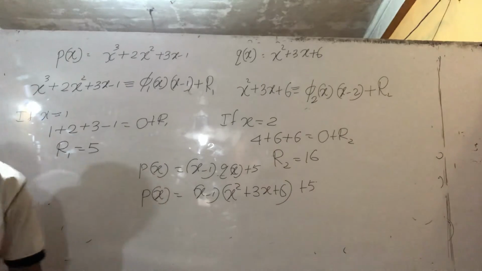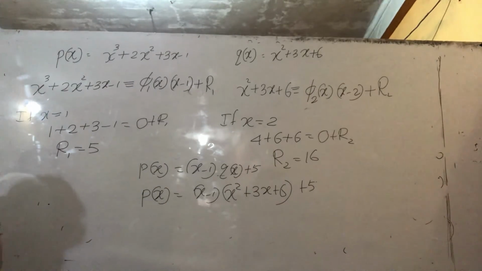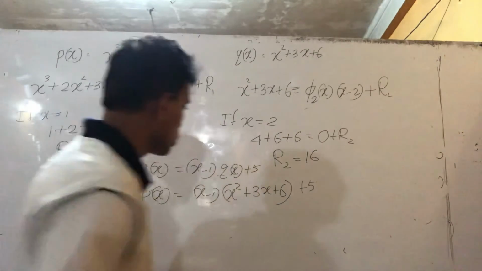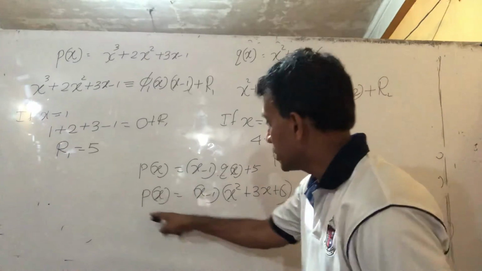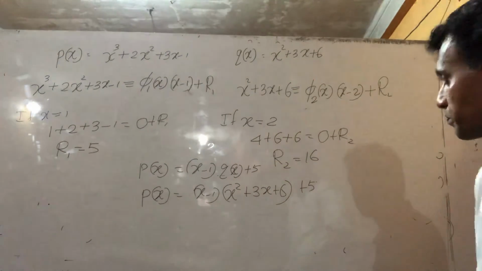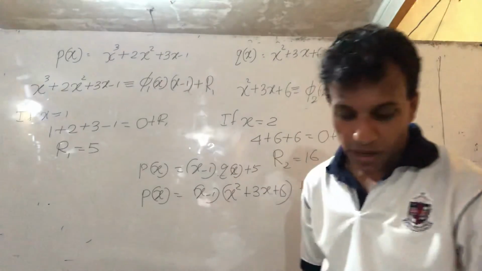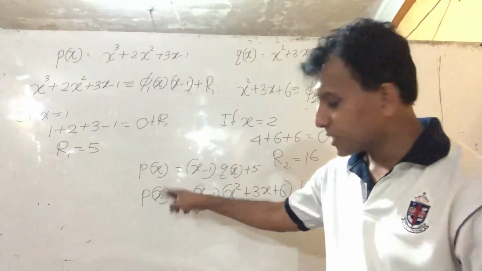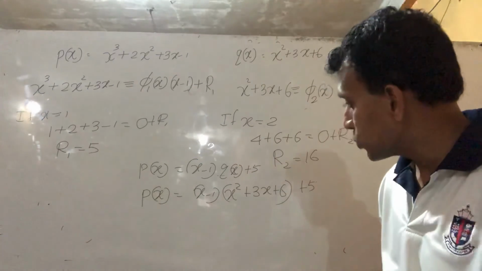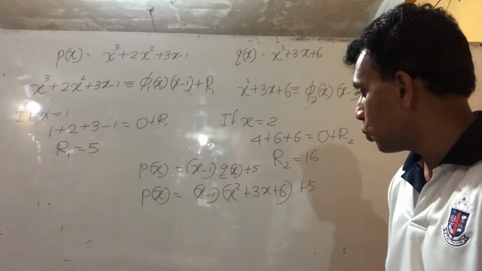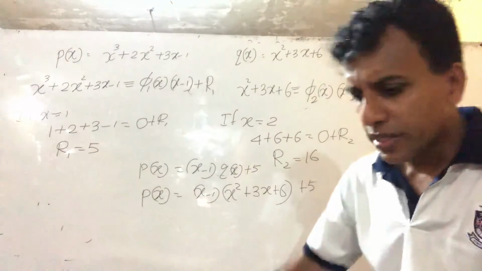Okay, last part of that. Find the remainder when p(x) is divided by x minus 1 into x minus 2. When you divide this p(x), find the remainder when p(x) is divided by (x minus 1) into (x minus 2), they ask. So first you write the polynomial pattern.